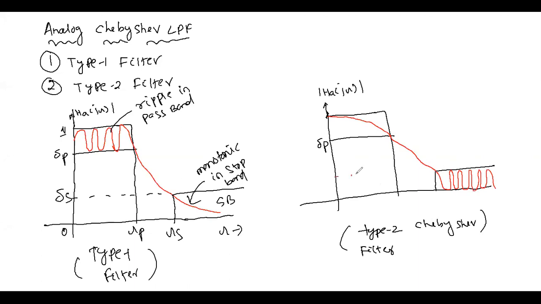So this is your omega S. This is your 1. So this is monotonic in the pass band, and ripple in the stop band.